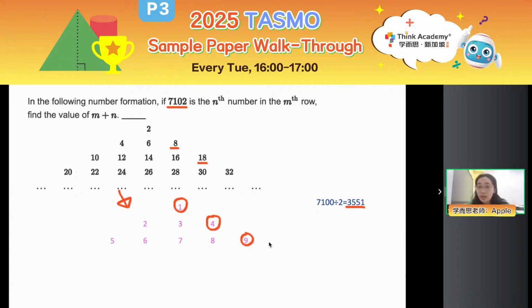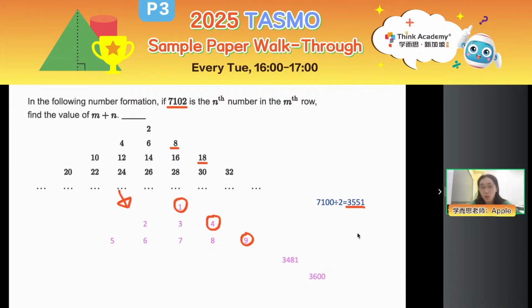So where can you find the 3,551? Here, everyone, maybe you can try to guess. When it comes to the 60th row, well, you will get 60 times 60. The last number is 3,600, right? Well, 3,551, of course, it is smaller than 3,600. But where is it? Now let's check.